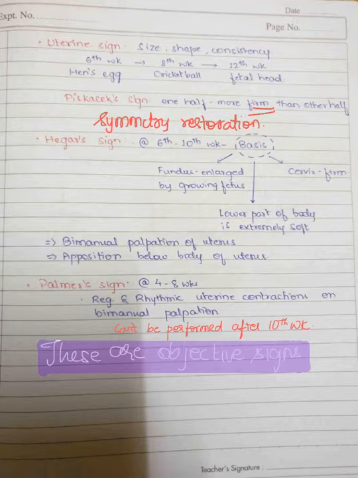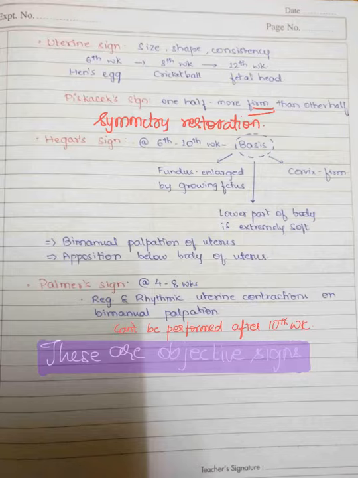Okay, and this is elicited by the bimanual palpation. Bimanual palpation uses external as well as internal fingers. Internal fingers are the vaginal fingers, wherein two fingers of the right hand are inserted into the vagina, and which are directed towards the anterior vaginal wall, and the external fingers come posterior to the uterus, and these are called as the abdominal fingers.